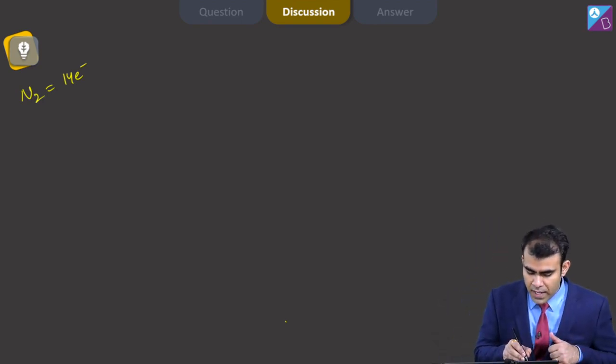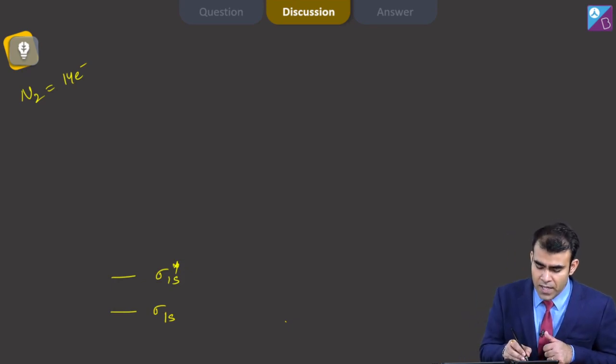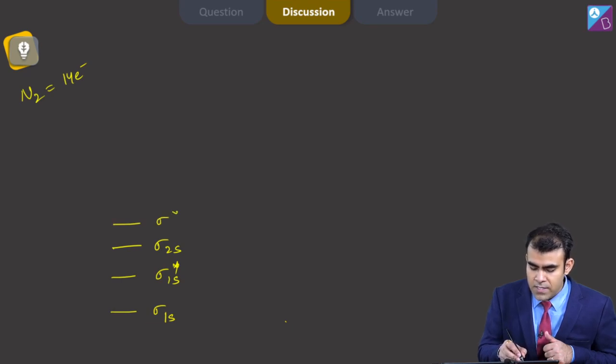Here first what we have is the sigma 1s bonding molecular orbital, then we have sigma star 1s, that is the anti-bonding molecular orbital, then we have sigma 2s bonding, and then sigma star 2s.